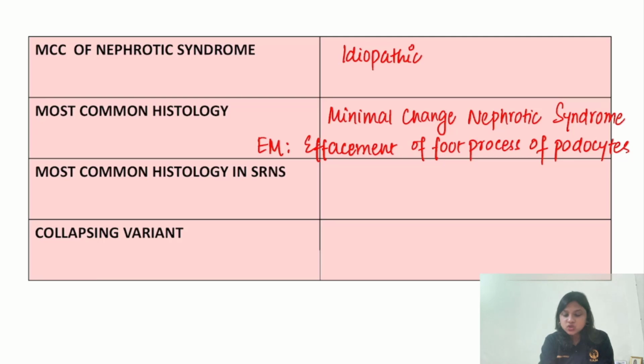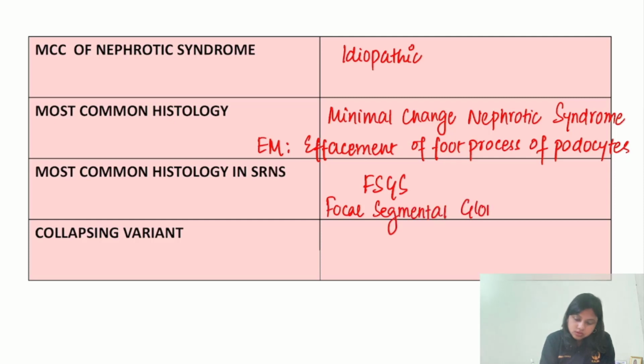So most common histology in SRNS is going to be FSGS, focal segmental glomerulosclerosis. Focal segmental glomerulosclerosis is what you can get in case of FSGS.